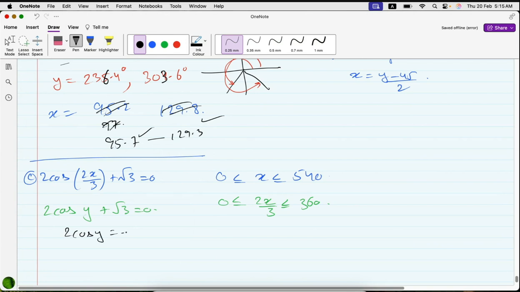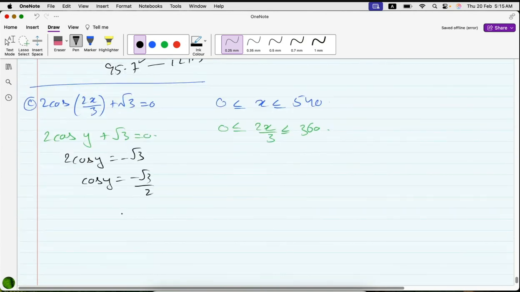2 cos y is equal to negative square root 3. Cos y is equal to negative square root 3 by 2. Basic angle is cos inverse of square root 3 by 2. We always calculate with positive. Cos square root 3 by 2 gives me 30 degrees.